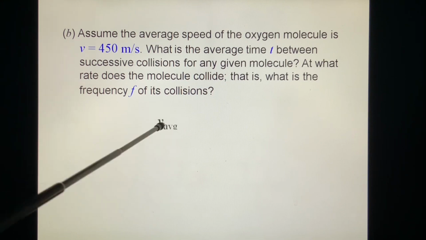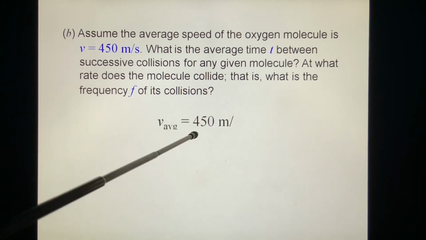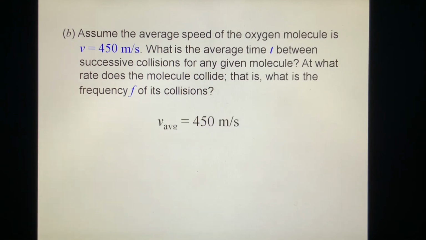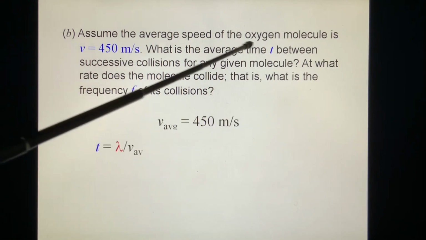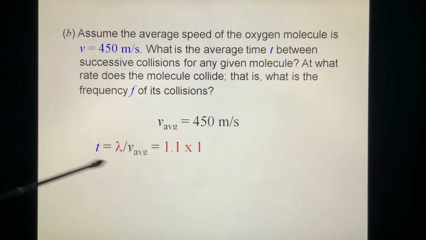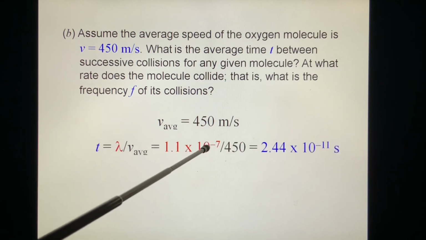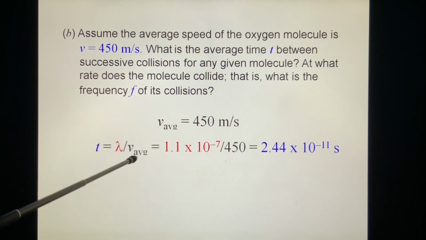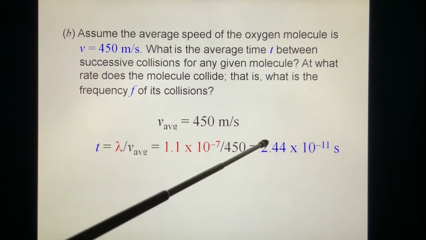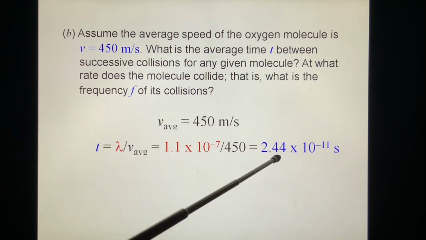We know the average speed is 450. What's the time between collisions? Between collisions the distance is lambda. We just calculate 1.1 times 10 to the minus 7 meter over the velocity 450. So we find t is 2.44 times 10 to the minus 10 second for each collision.